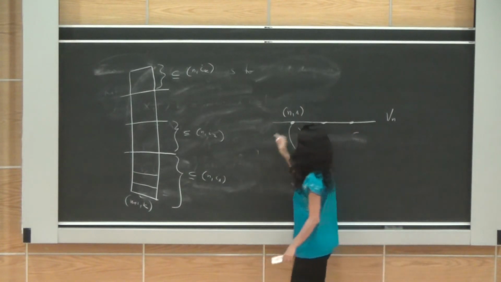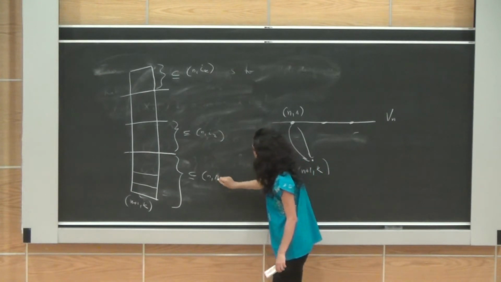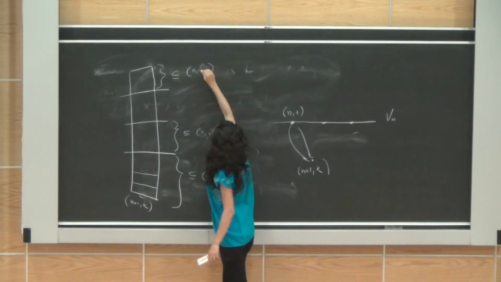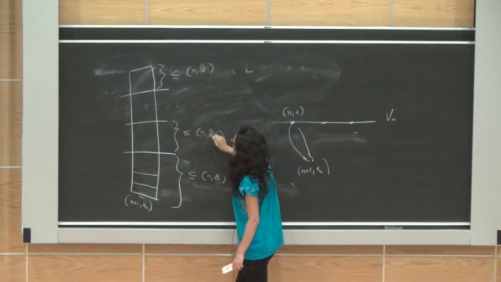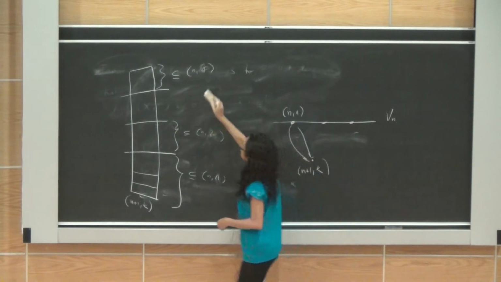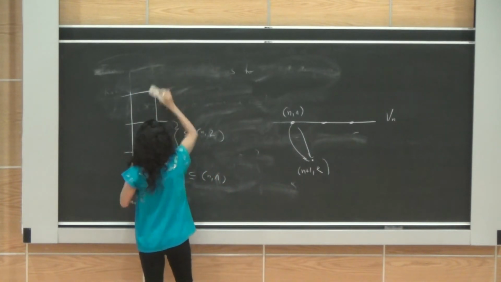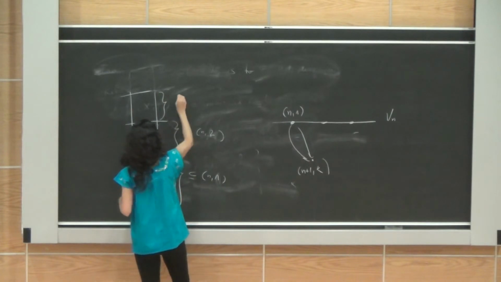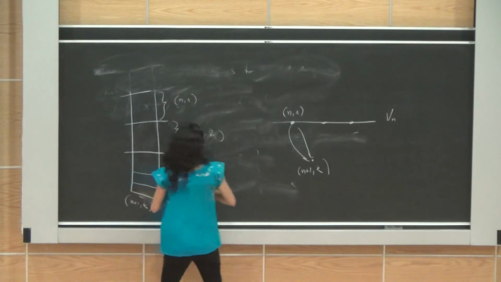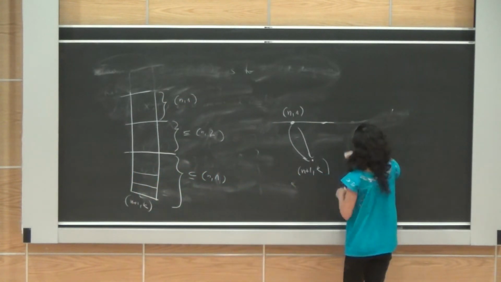Suppose that here we have 1 and here we have 2. Suppose that this is just like this. And here we have just this.